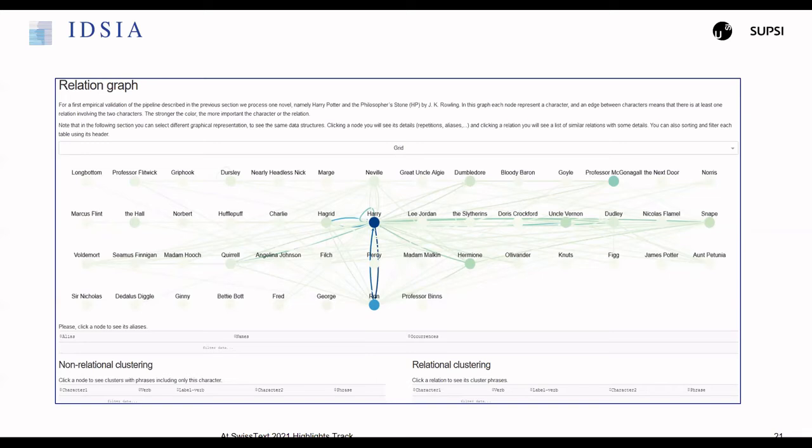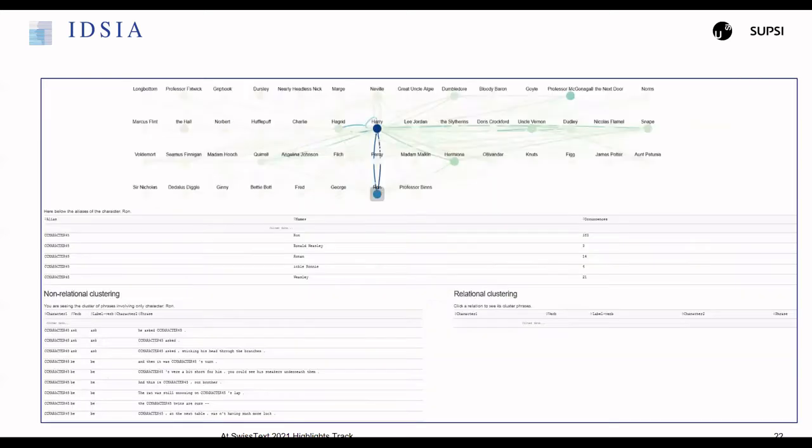between the characters. And you can also see other details like the aliases that we have found, and the non-relation clustering details like the phrases we have extracted with respect to each character.